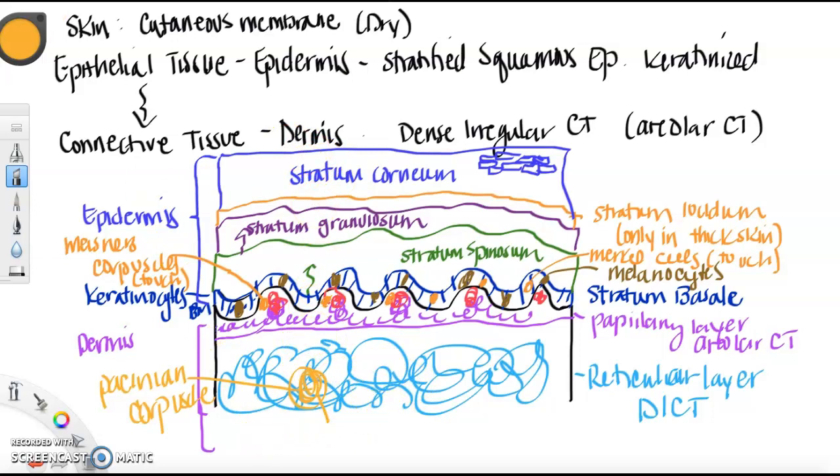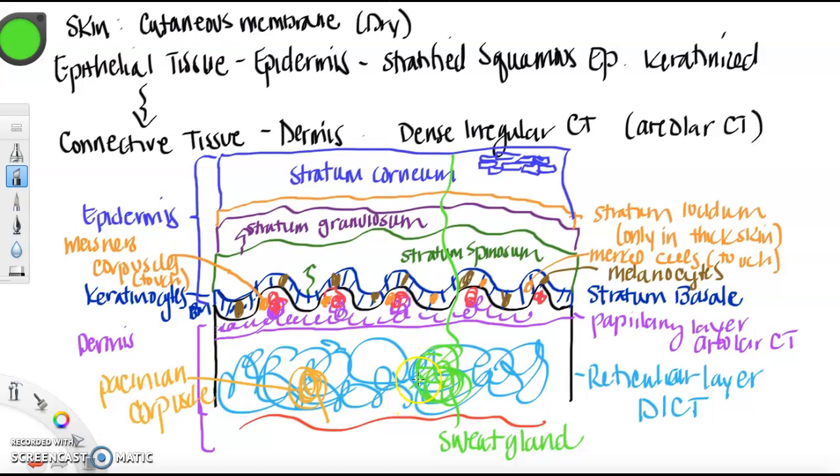There are blood vessels in here, and nerves and all of that. There are also glands. Here's a sweat gland. And then there are also oil glands, but those are part of the follicle, and I'm just not artistic enough to draw that.